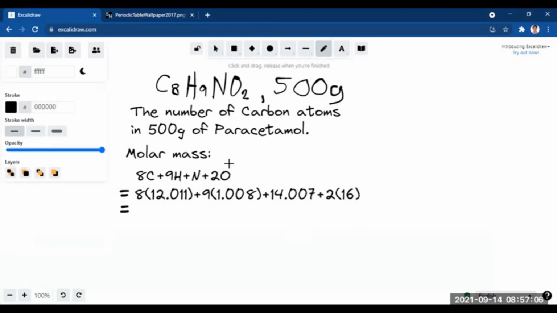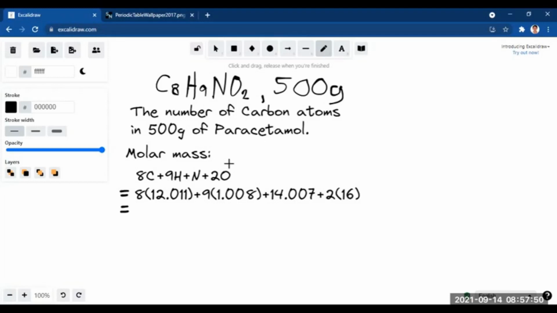Let's solve using our calculators. So 8 times 12.011 plus 9 times 1.008 plus 14.007 plus 2 times 16.